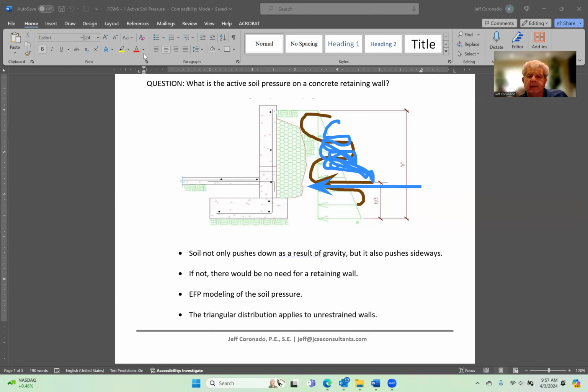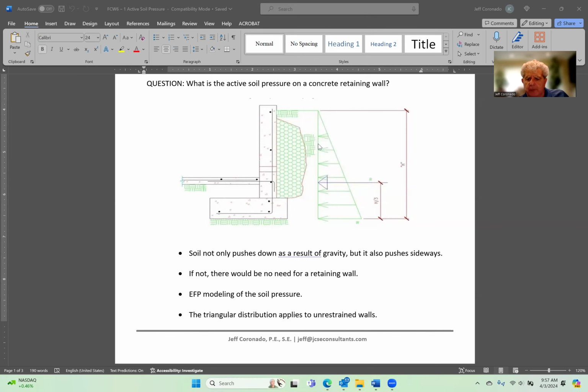We tend to not design for that water. Our preference is to get rid of the water that's behind a retaining wall. That's the norm. Sometimes, for whatever reason, we may not be able to egress the water out of the soil, in which case we have to take into account that it's wet, and that significantly increases the active pressure on the wall.